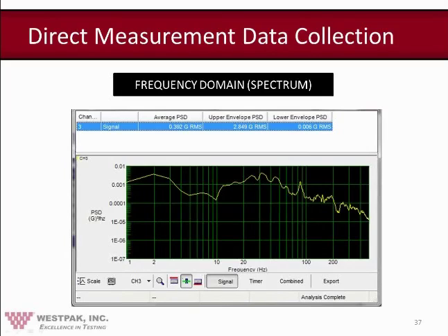Again, that's an amplitude. In this particular case, acceleration density, PSD, power spectral density, is on the vertical axis versus frequency on the horizontal axis. So it tells us, at each frequency, what the anticipated or the measured amplitude level, G level, was at that location.